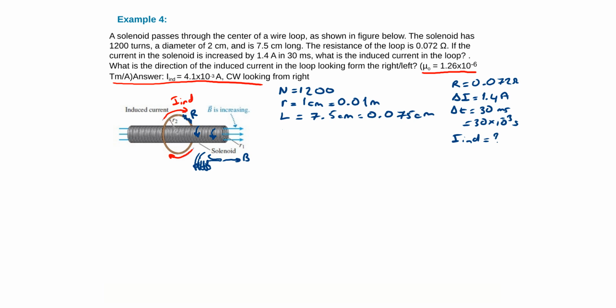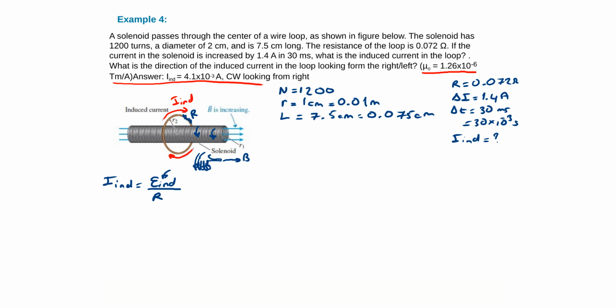Now, as I do my thinking, I'll say, okay, induced current should be caused by an induced EMF, and I can find it in the loop using Ohm's law. That will be epsilon induced divided by R. That would be replacing my delta V here. So if I find the epsilon induced, I am good.